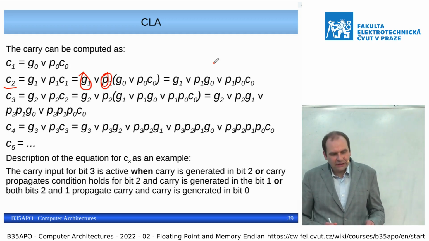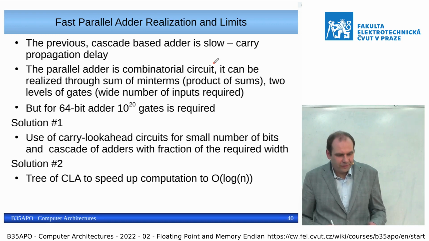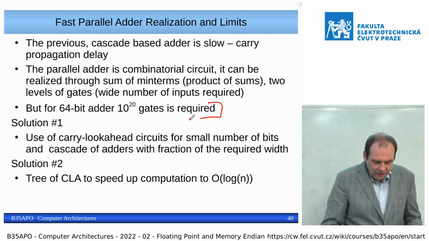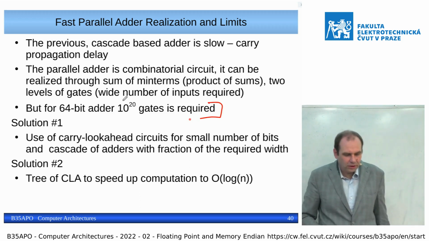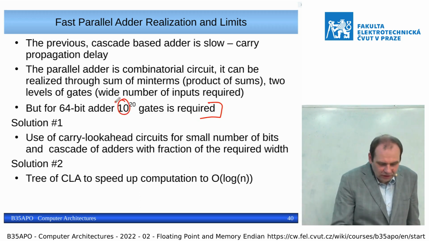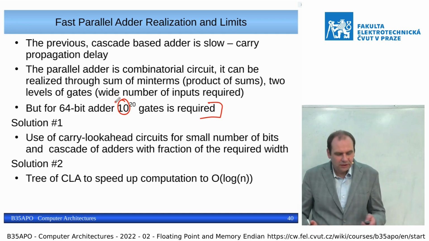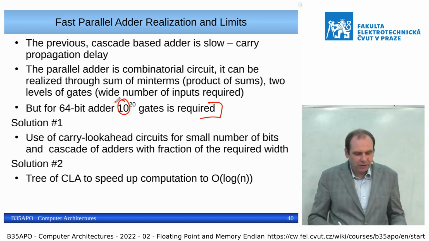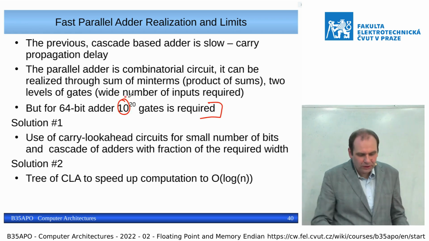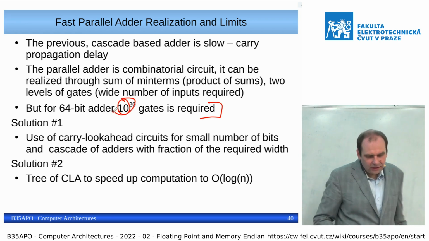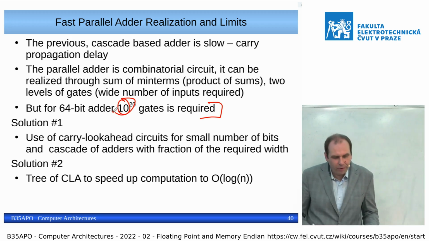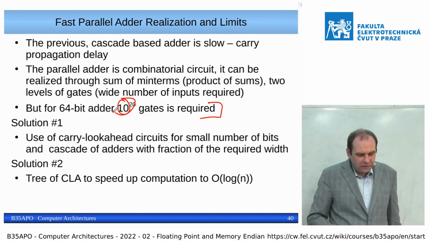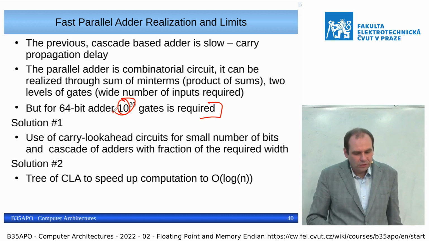So we can rewrite this that way, and this way we can build a much smaller adder, which doesn't have so long a dependency chain inside, which is a big advantage, because if we want to build a full carry logic, then we get to something like 10 to the power 20 for 64-bit, and it is quite a huge value.